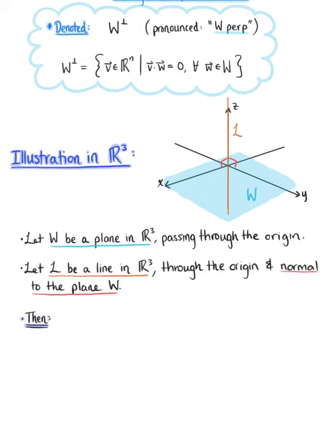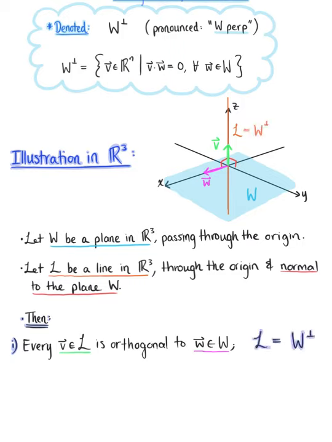Then we can observe here that every vector V on the line is orthogonal to every vector W on the plane. Or in other words, we can say that the line L is equal to the orthogonal complement of the plane, or L is equal to W perp.